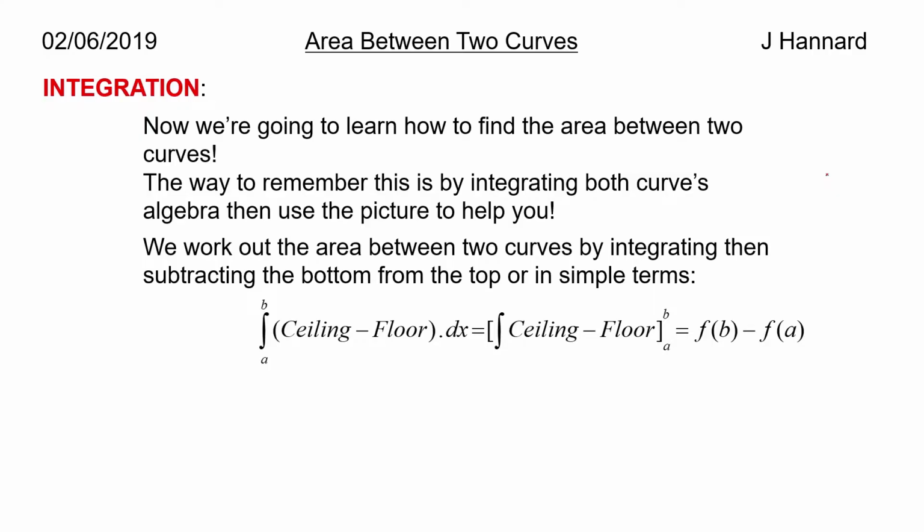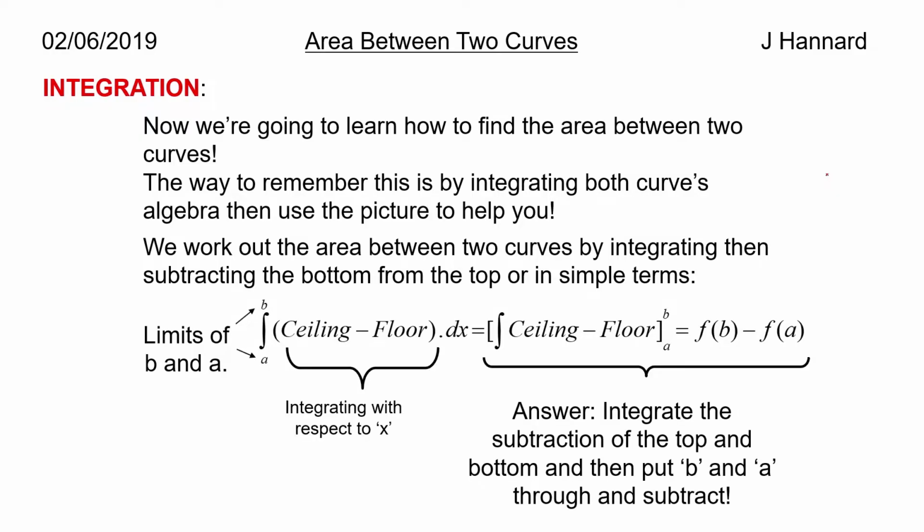So you'll get the idea as we look at examples. Integrate the subtraction of top and bottom and then put b and a through and subtract. That's essentially what this little ceiling take floor means here.